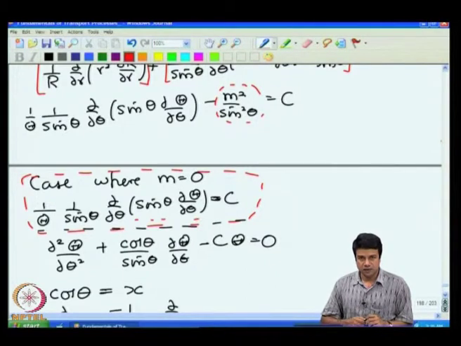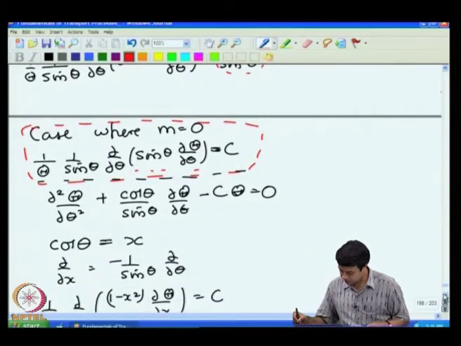I showed you that if we postulate that this term which depends upon theta, that is 1 over sin theta d by d theta of sin theta times partial of capital Theta with respect to theta, is equal to some constant, that constant has necessarily got to be equal to minus n into n plus 1, where n is an integer. n has to be necessarily an integer.